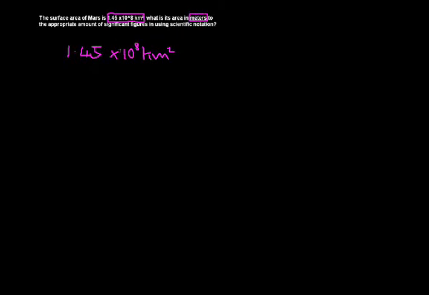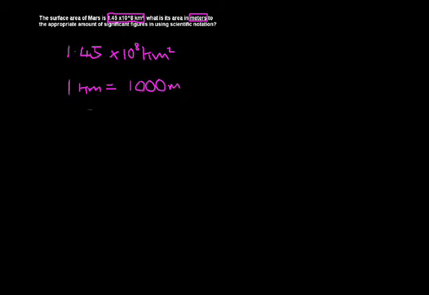Right, so what's the conversion rate from kilometers to meters? How many meters are there in 1 kilometer? So 1 kilometer equals how many meters? It's 1,000 meters. Same as before. Next thing I'm going to do is change it into scientific notation, standard index form.